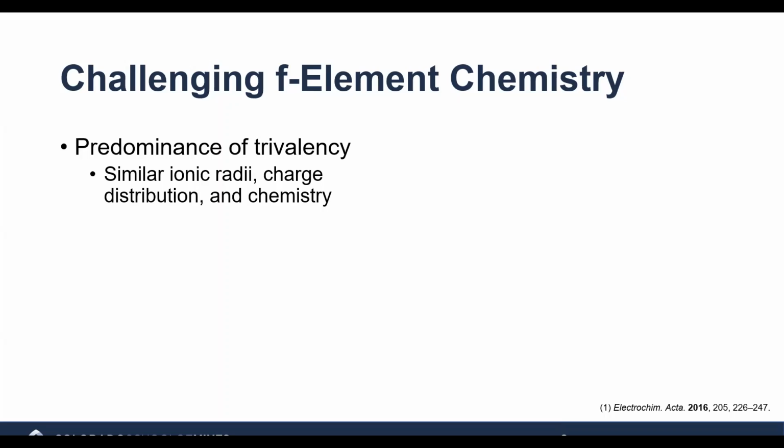So they have similar ionic radii, charge distributions, and solution chemistries. Their bonding in complexes is characterized by mainly ionic contributions.